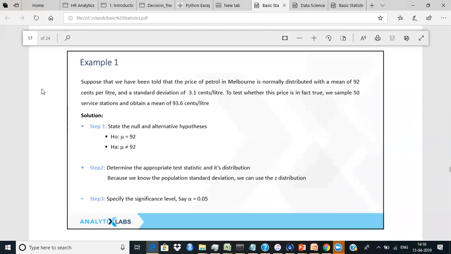Then it says that we collected samples from 50 service stations and obtained a mean of 93.6. But on the other slide, when we did the calculations, we are considering the population standard deviation and not the sample standard deviation. Yes, we were considering the population standard deviation, because here it says the population standard deviation is 3.1.